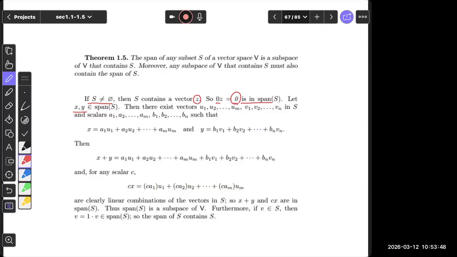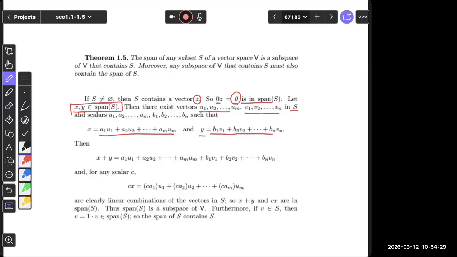So when I consider any arbitrary elements x and y in the span, what does that mean? x in the span of S means x is a linear combination of some elements in S. In a similar way, if y is chosen from the span of S, then there must be some elements in S such that y is a linear combination of those.